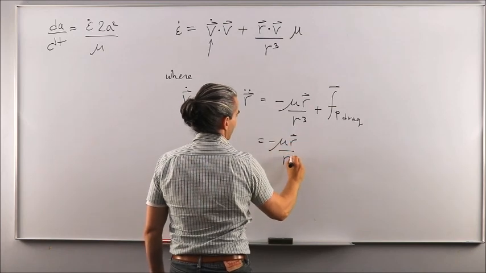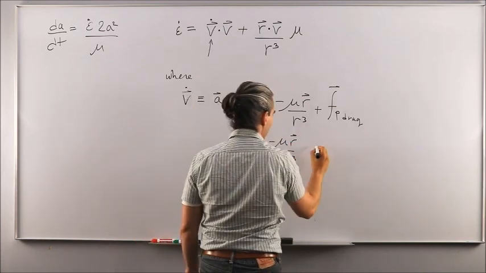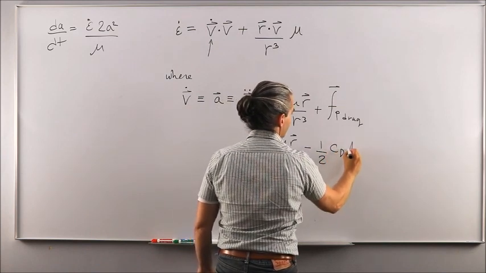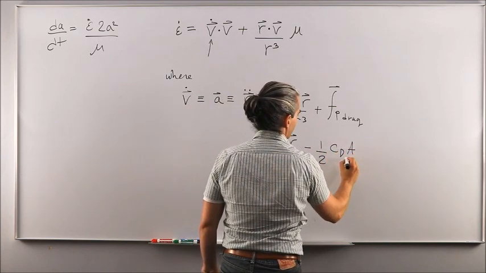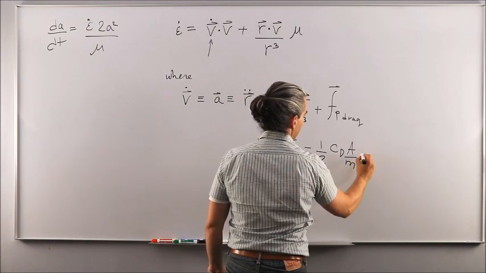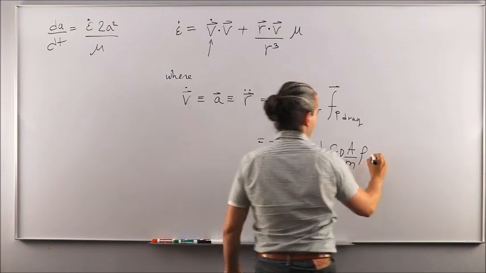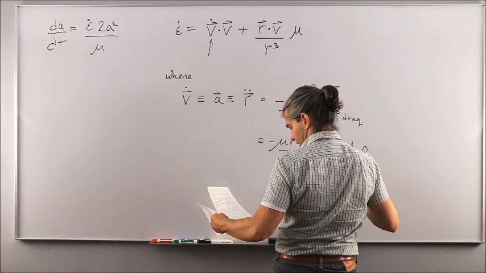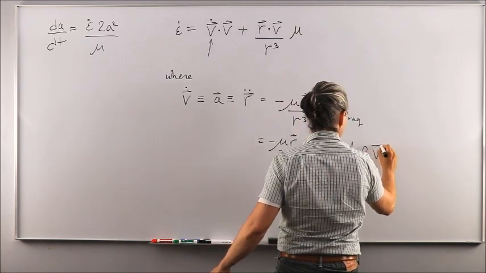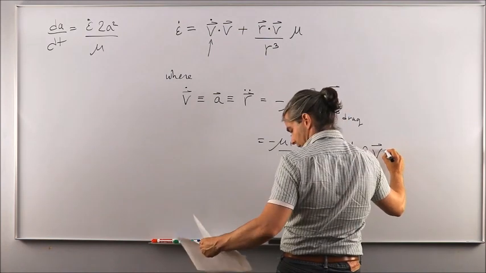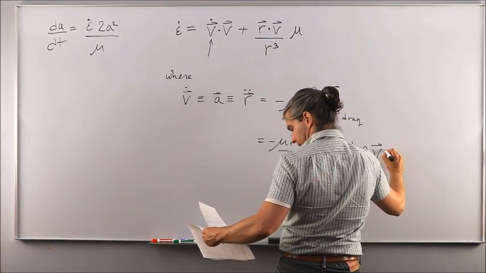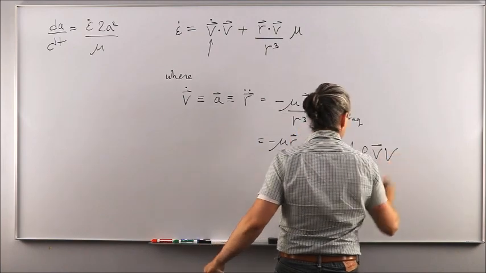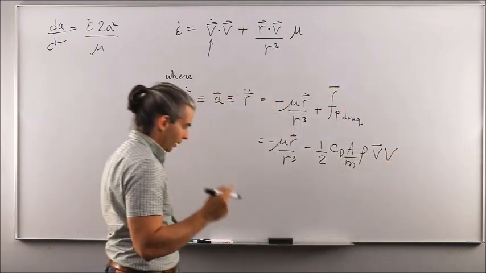which, considering the most simplistic model ever, will be minus 1/2 CD frontal area over mass, density, and just the velocity of the spacecraft itself, not the relative velocity.